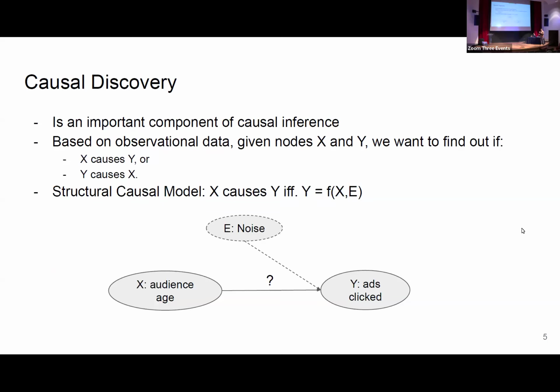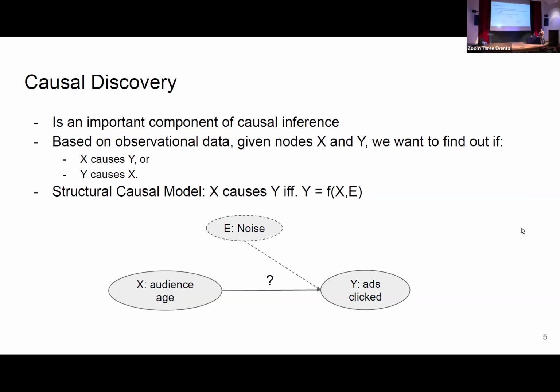Causal discovery is an important part of causal inference. It tries to answer the question for two variables, x and y: whether x causes y, or y causes x, or there's no causality between the two variables.